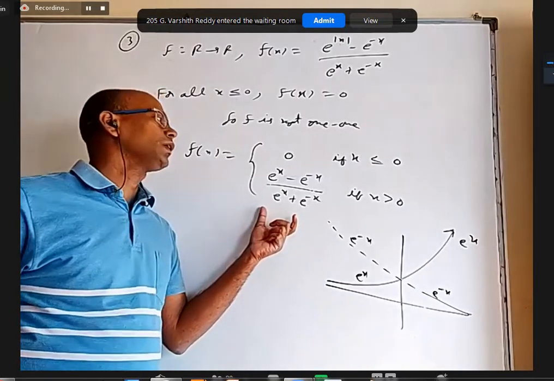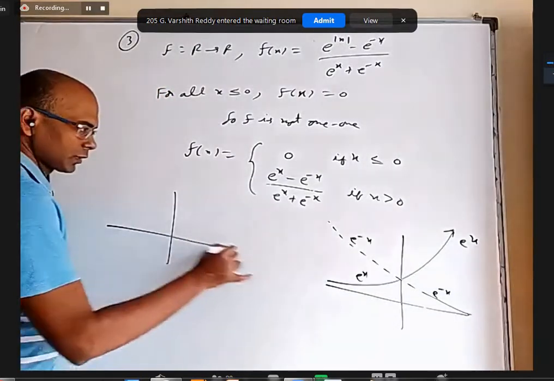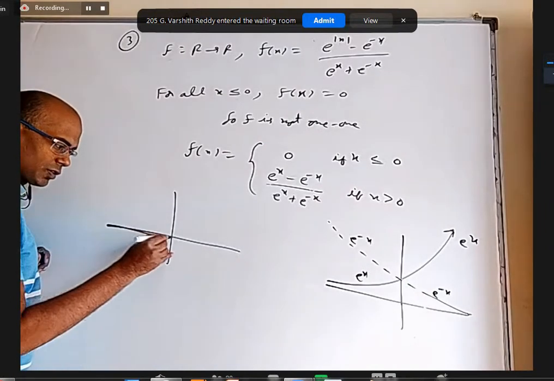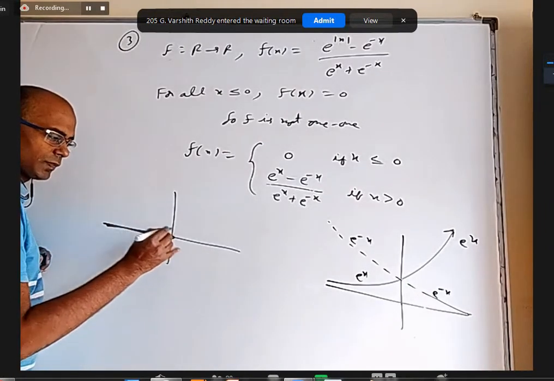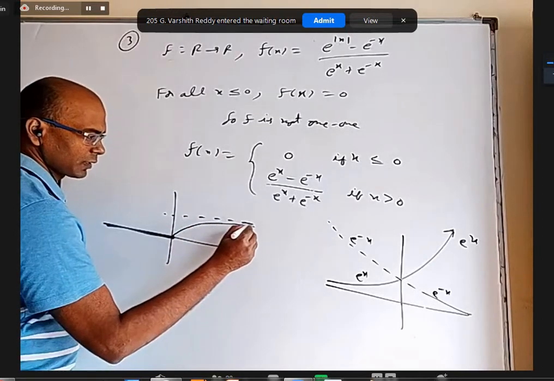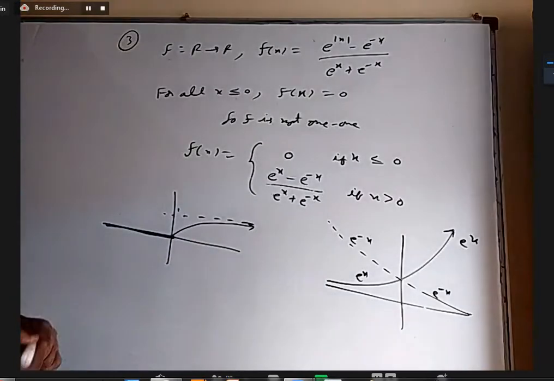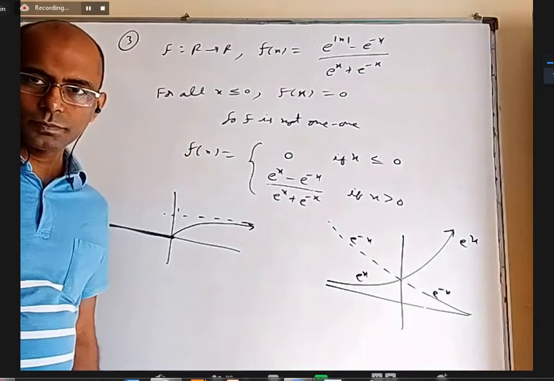So if you really want the graph of this function, it is always 0 for all negative values. And for positive values, it will be trying to become 1 like this. This is 1, it is trying to touch that line as x goes to infinity. All of you are studying limits, right? Yes, sir.